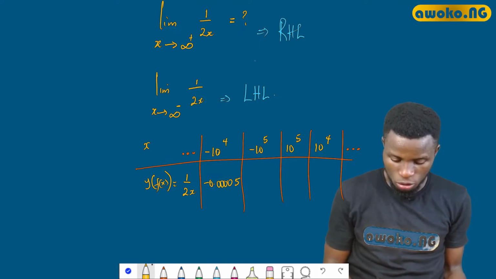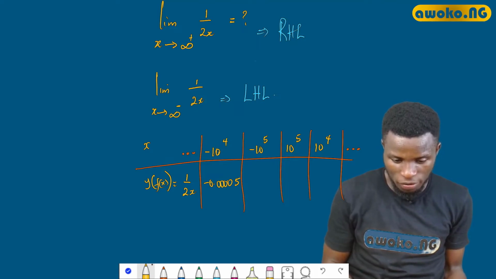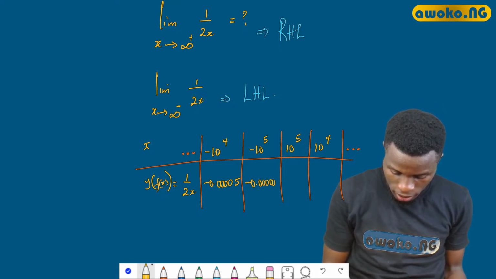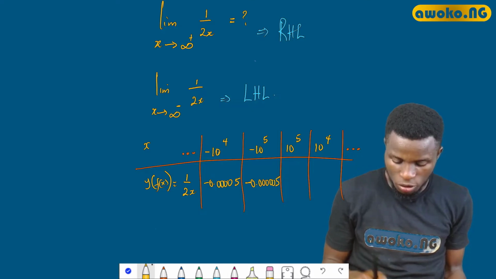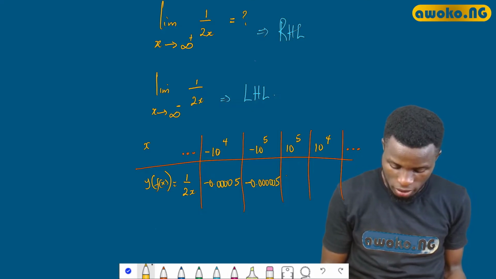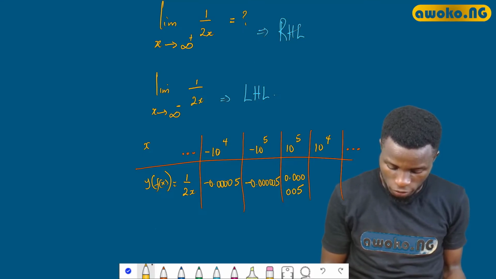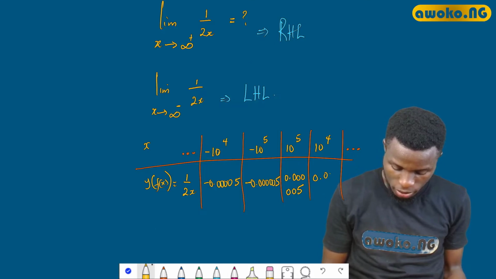Now, if you do for minus 10 raised to power 5, you have minus 0.000005. If you do for 10 raised to power 5, you have 0.000005. Then for 10 raised to power 4, we have 0.00005.